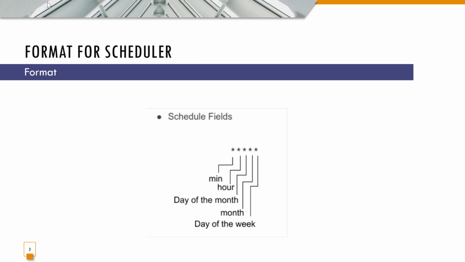to master. The only thing you need to worry about is the format for the scheduler and how it works. If you look at the format, it is basically a compilation of 5 stars, and each of these stars has a particular meaning associated. The first star is the minute, the second is the hour, the third is the day of the month, the fourth is the month, and the fifth is the day of the week.